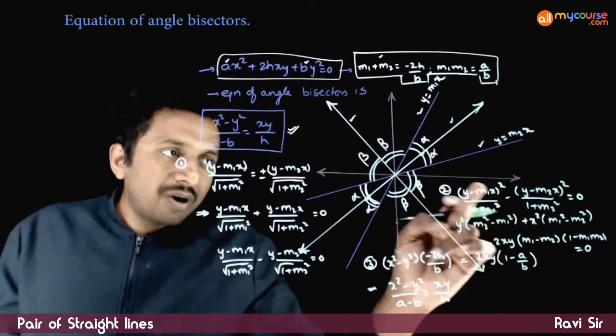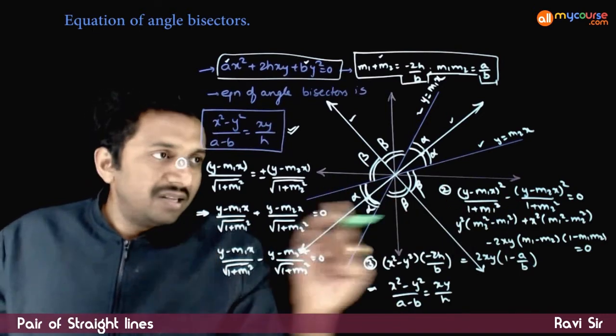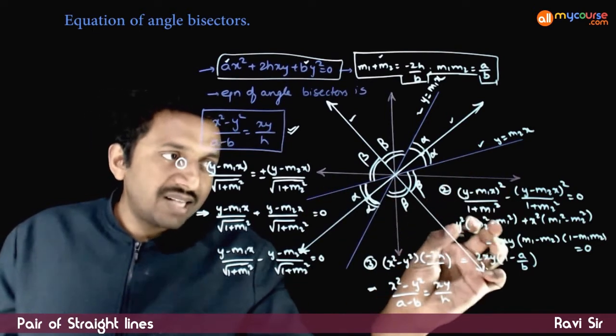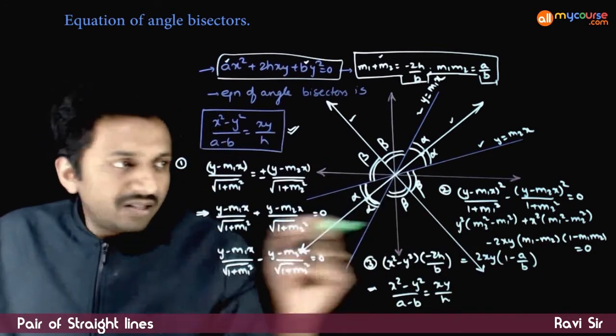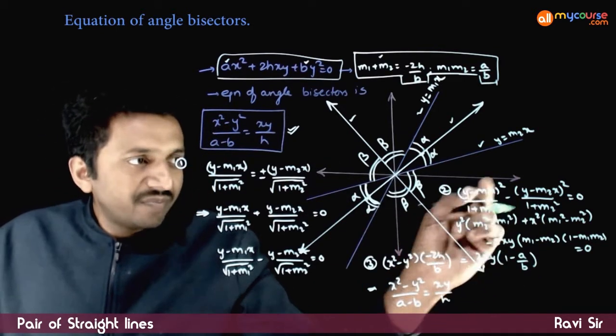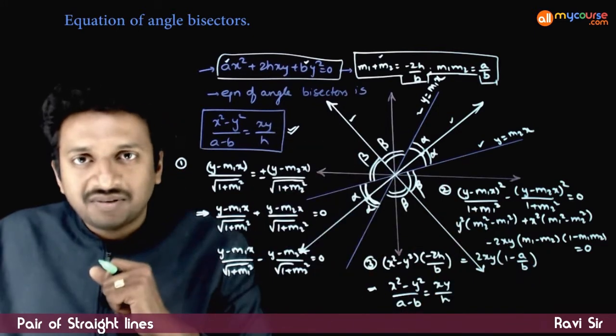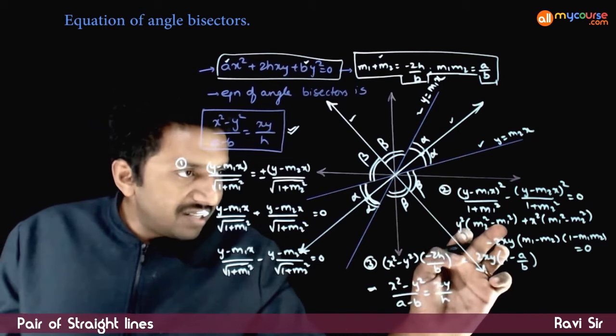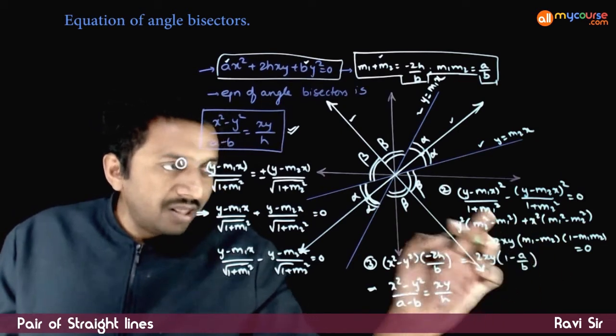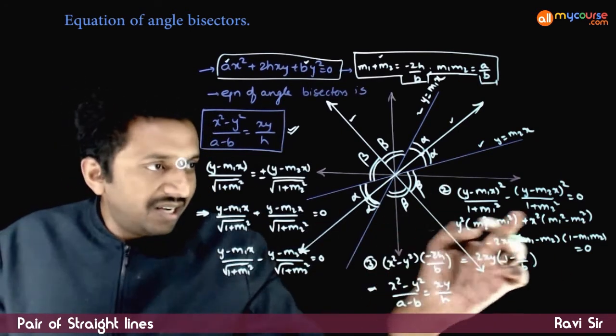So you just need to cross multiply. Separate the y² terms, x² terms and xy terms. You know how to do the LCMs and just separate the terms. Once you get this expression, you can see that m1 − m2 is common in all three terms.